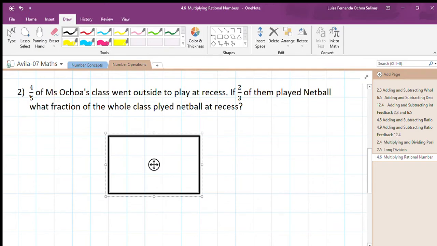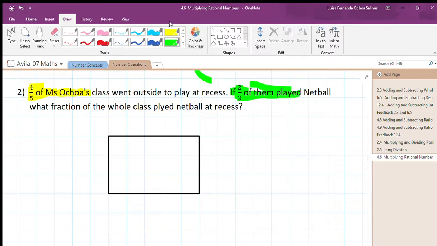Now I'm going to divide it into 4 pieces. Before I do that, I want you to highlight 4/5 of Miss Ochoa's class. Let's do something different. This time, let's highlight this one with 2/3 of them played netball. Okay, good. So, I'm going to divide this by 5 parts.